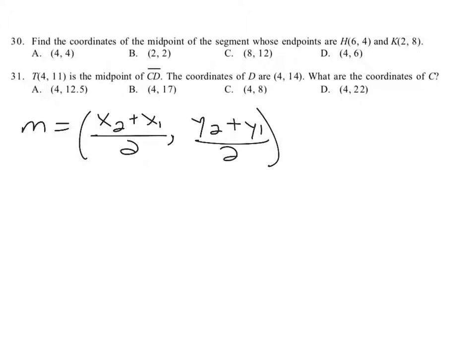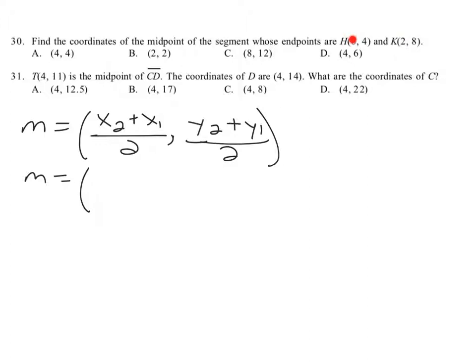So let's do 30 first. We're going to plug those numbers in. So the midpoint then is, what's x2? Doesn't really matter because we're adding them together, so the order doesn't matter.